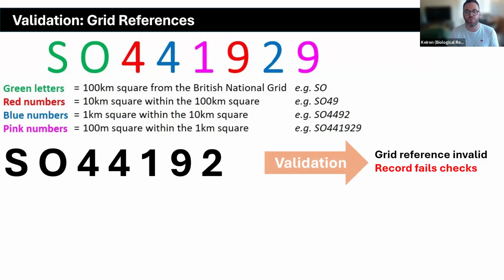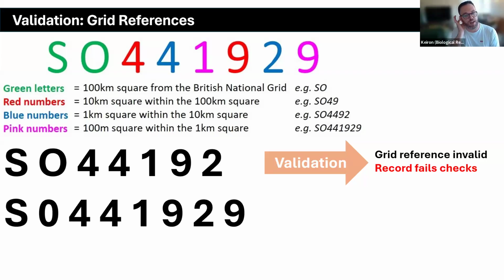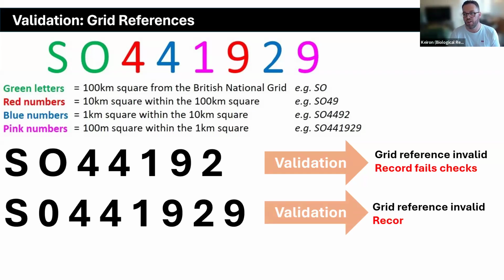So if we run this through a validation check, because it's only 5 digits, the system knows that grid references need to have an even number of digits. It would fail a validation check. If we look at the next example, where I've entered on my keyboard the O in the grid reference as a 0, again, if we run that through a validation process, the grid reference would come out as invalid and it would fail checks.